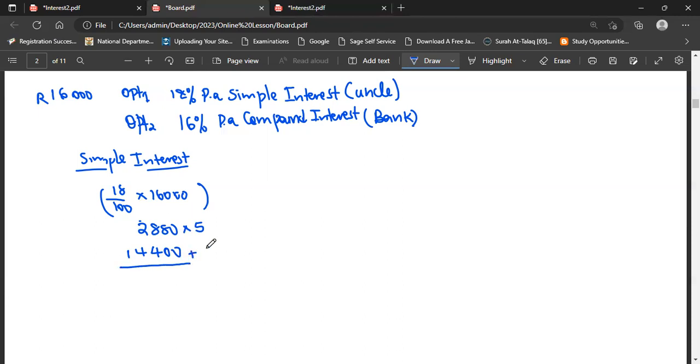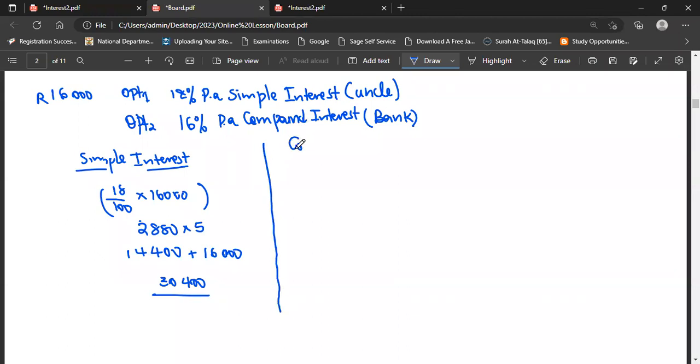So plus the initial amount of money, 16,000, you end up having 30,400. That is simple interest.